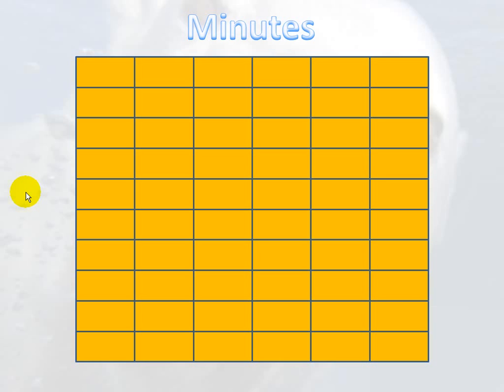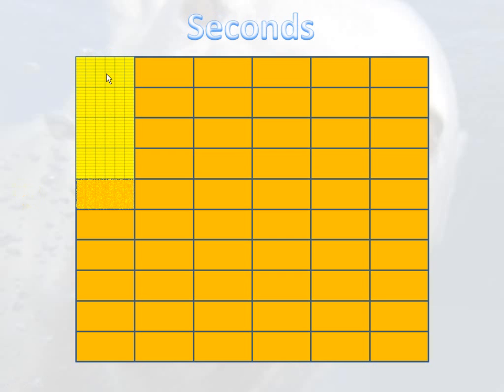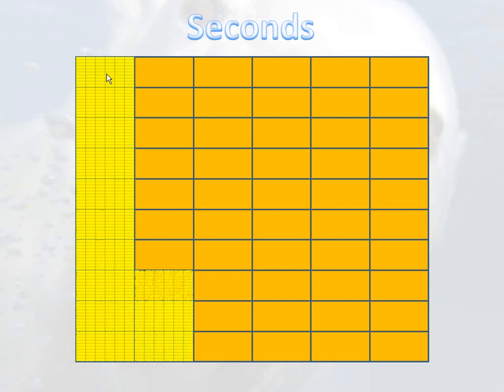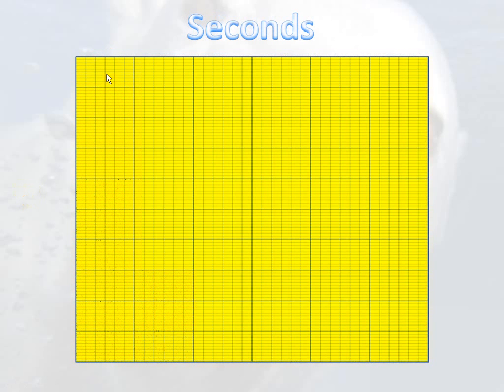Now, one step further, we want to take each one of these minutes and divide those up into 60 equal parts. I don't know how well you can see that, but each of these little rectangles is divided up into 60 equal parts. So now we have seconds. And notice, for each minute there are 60 seconds.